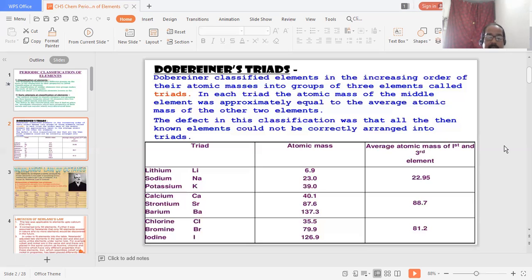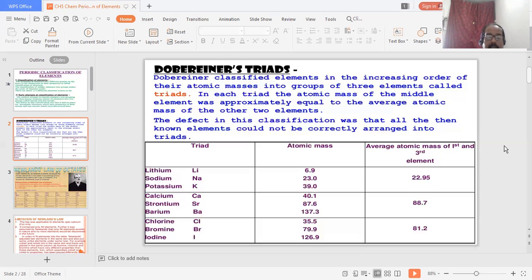So A is calcium and C is barium, or 1 is calcium and 3 is barium. Adding both values, the total is 177.4, and divided by 2 the value is 88.7. This is the mass value of strontium, approximately 87.6.